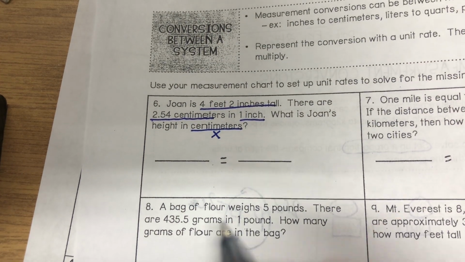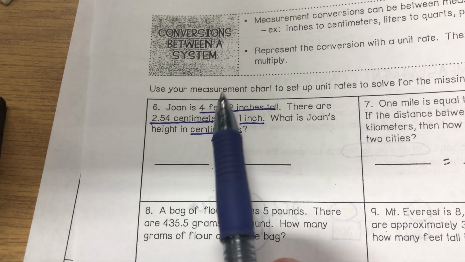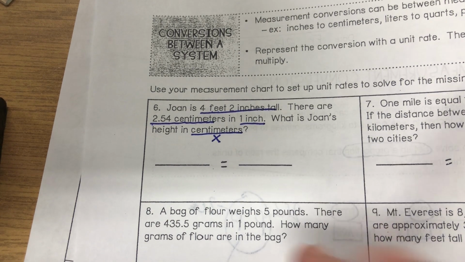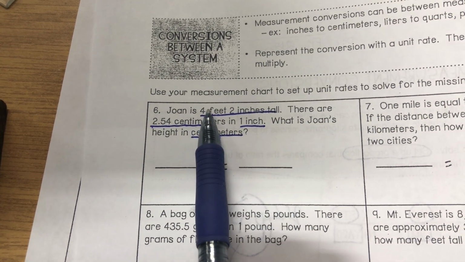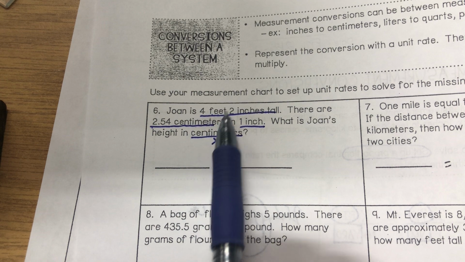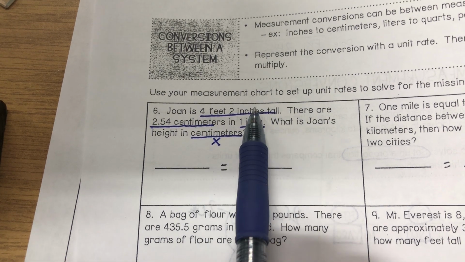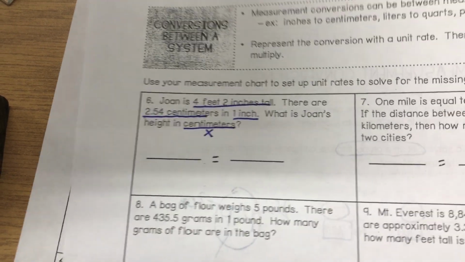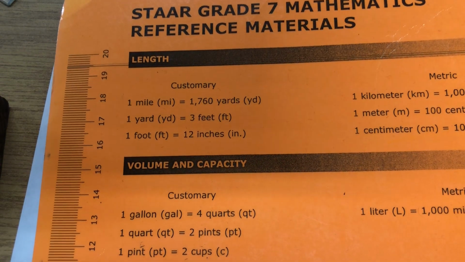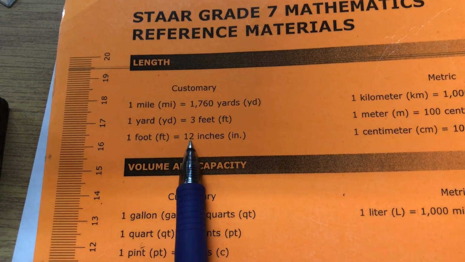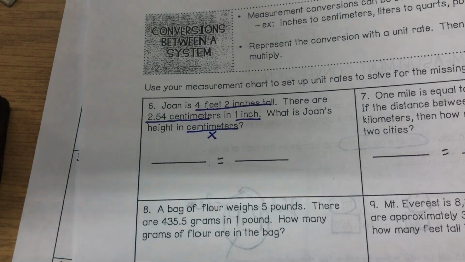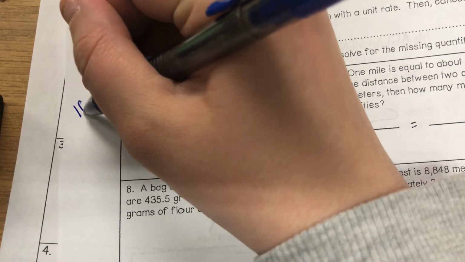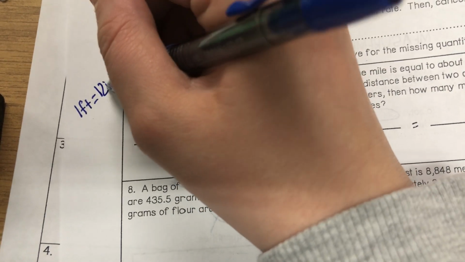Okay, well, I only have centimeters and inches, but Joan is 4 feet 2 inches tall. So I know that I need to change this 4 feet 2 inches. If I look at my conversion measurement, I see that 1 foot equals 12 inches, and you should memorize that. So 1 foot equals 12 inches.